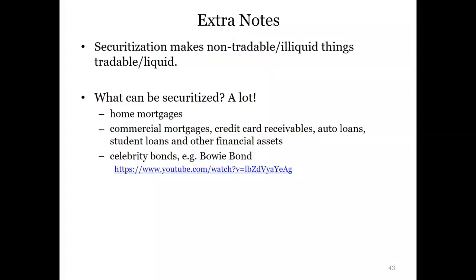The idea is that the celebrity, David Bowie, was a very famous rock star during the 70s. He had some financial difficulties, so he decided to issue Bowie bonds in the market.